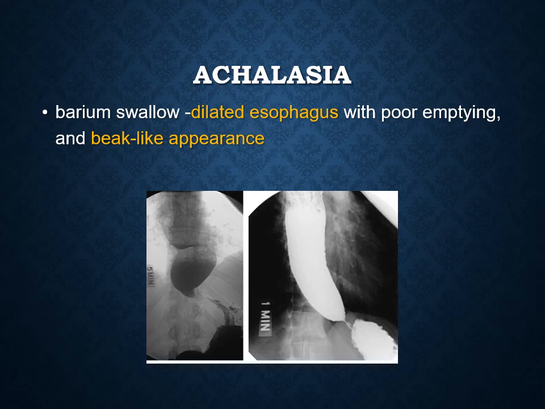This is the X-ray appearance of a patient who ingested a barium meal for the demonstration of achalasia. As you will see, there is a dilated esophagus here with a poor emptying and a beak-like appearance there at the tip.